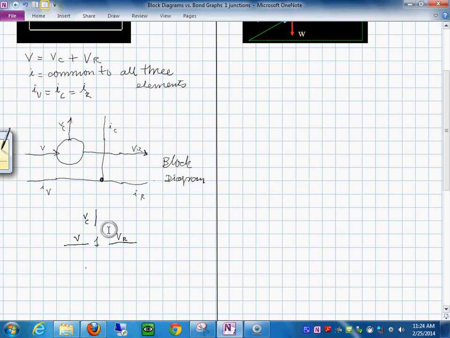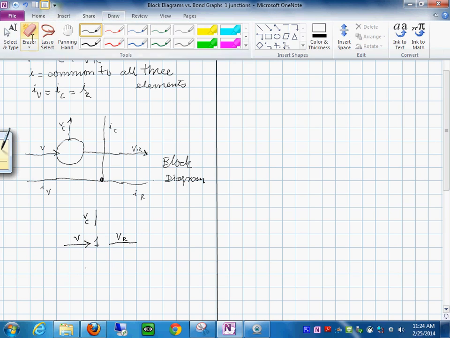And what happens is that in this case the flow needs to be, the flow is the same, but the voltages will add. How do they add in here? You have it like this. Well, we usually use a half arrow, right?